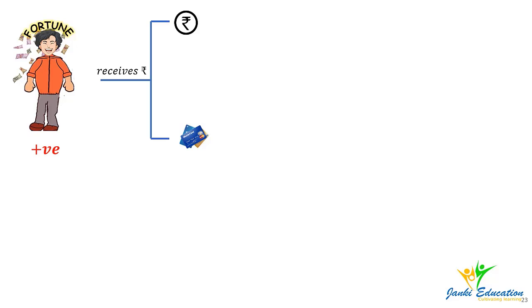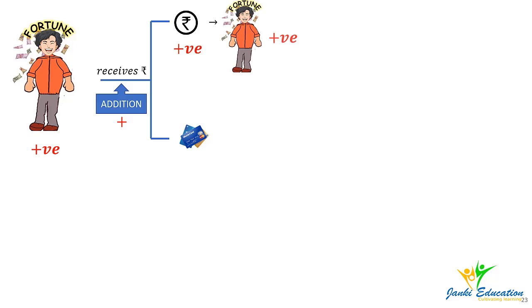The man with fortune is already positive, and earning is also positive. And when a man with wealth earns some money, he becomes more wealthy, right? Which is already positive. So positive plus positive is equal to positive.